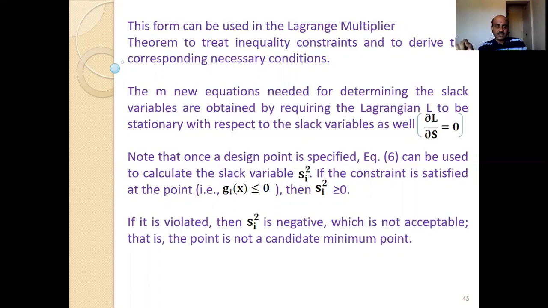If the value of Si square is less than 0, a negative number, which is not acceptable, and hence the point is not a candidate minimum point. So you should be very careful while arriving at the necessary condition for a generalized constraint problem.